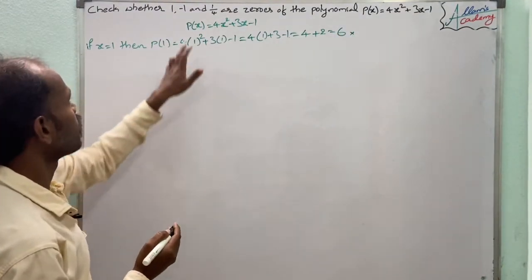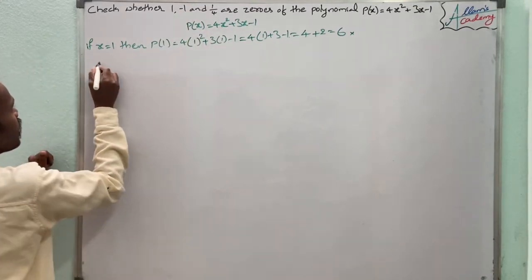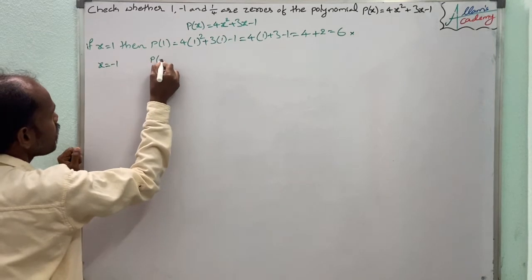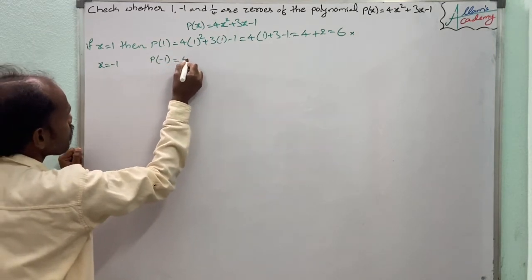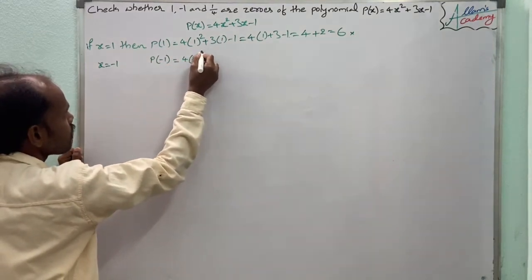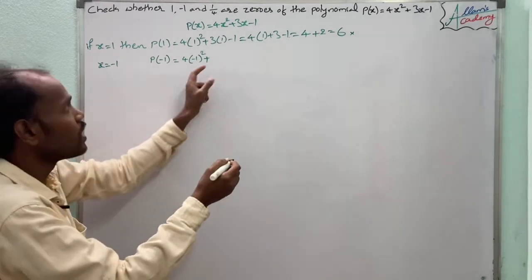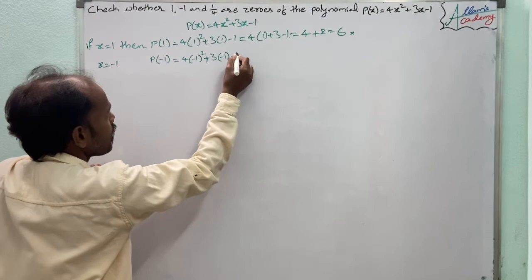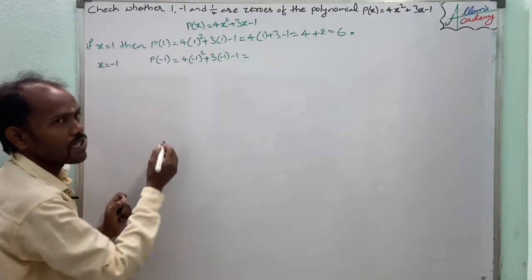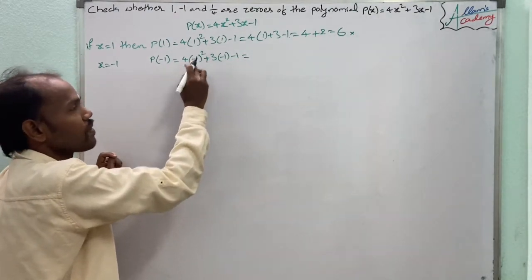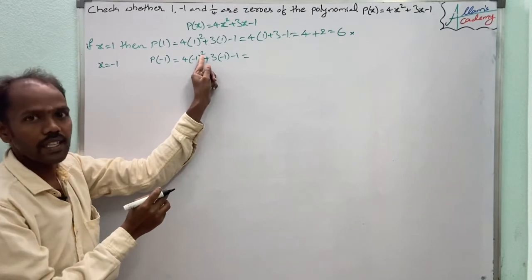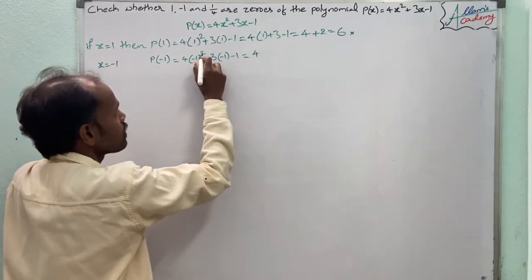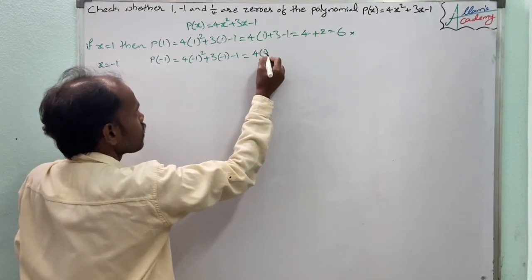Next, we substitute the value minus 1. If x equal to minus 1, then p of minus 1 equal to 4 into, in the place of x substituting minus 1 square, plus 3 into minus 1, minus 1. Minus 1 square: the exponent is an even number, so we get a positive number, 1.